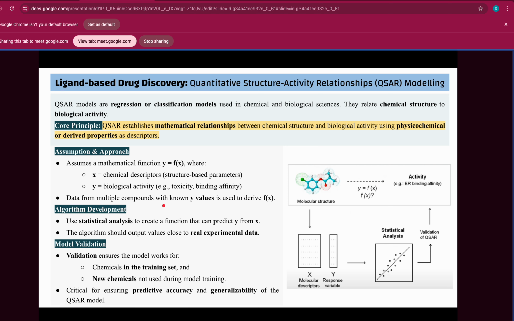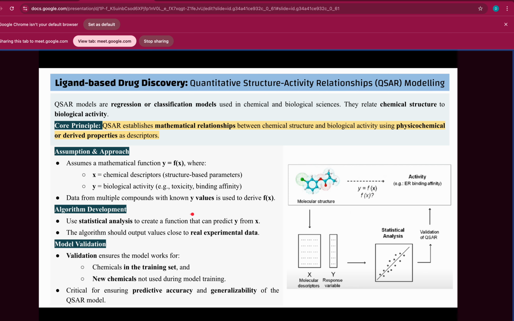Then data is taken for multiple compounds for which we know the activity values, because whenever we are doing any predictions or QSAR modeling, we require the data, we require knowledge. So from that pre-existing knowledge, we design a classifier which can further classify based on that particular knowledge. So we start with multiple compounds for which we know the activity, and then we find out what could be the formula or what could be the function, how the structure is linked to the activity.